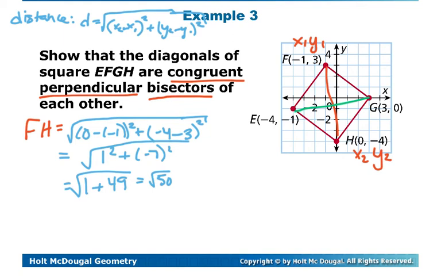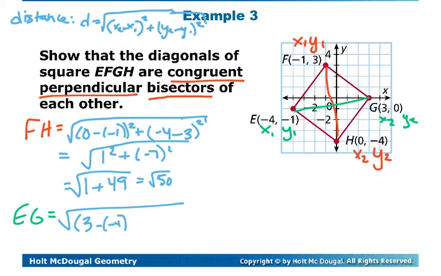Then I want to find the length of EG. And so the length of EG has an x1 and a y1 here, and an x2 and a y2 here. And so if we fill that in, our x2 is 3, x1 is -4. Add that to our y2, which is 0, minus our y1, which is -1.